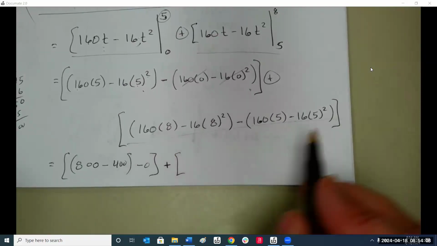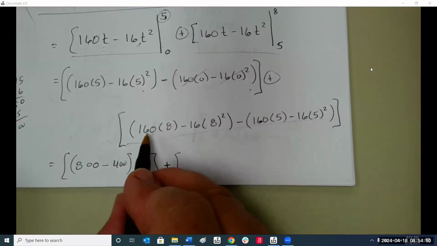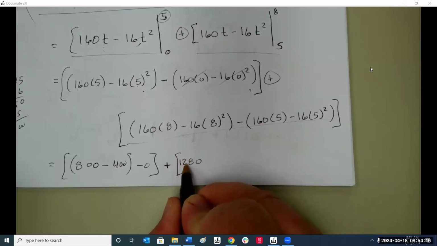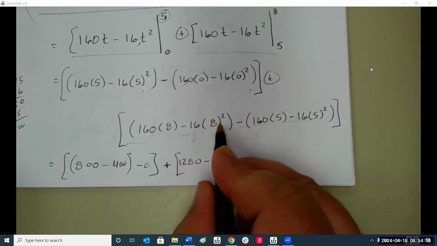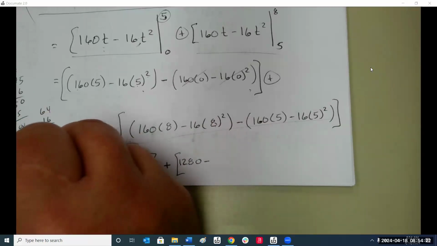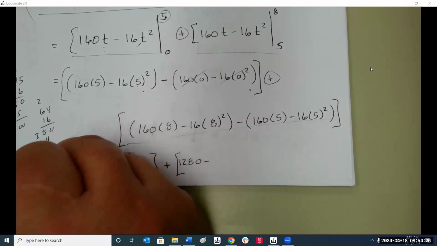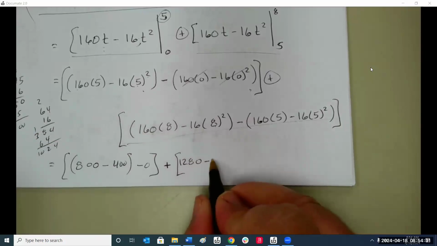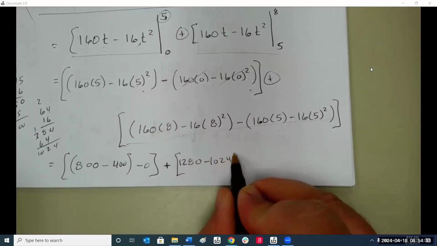Now the second bracket. 160 times 8, 1280. 64 times 16, it's 1024.